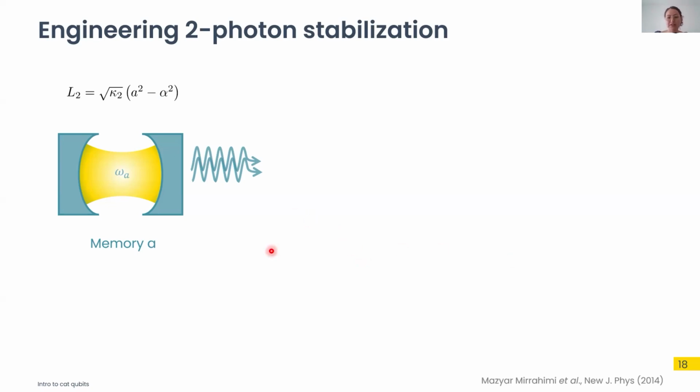Photon loss happens one by one. Therefore, we must induce this two photon dissipation artificially through specific circuit elements and nonlinear interaction. We can engineer these types of interactions. We cannot engineer directly how the cavity interacts with the environment.